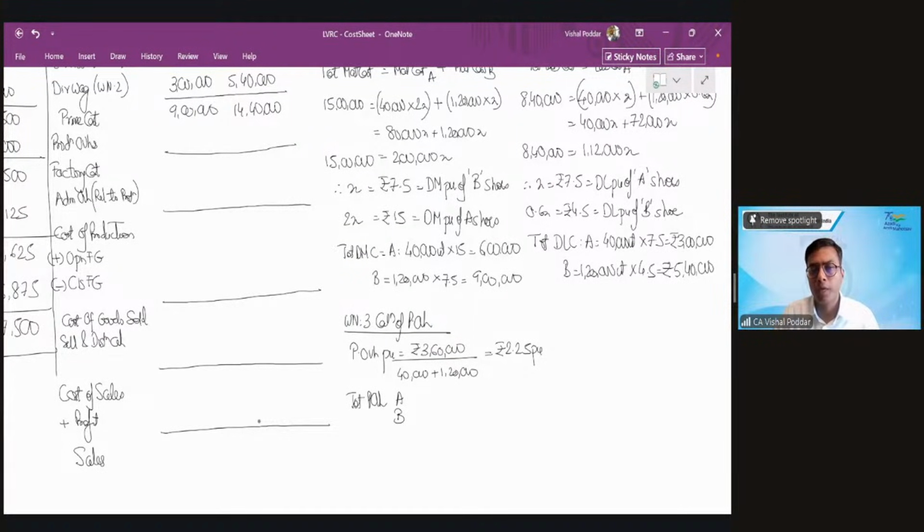Therefore, total production overheads for A and for B, how much it will be? So for A, it will be 40,000 units. And for B, it will be 1,20,000. So 240.